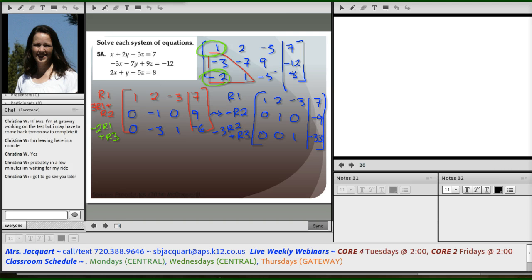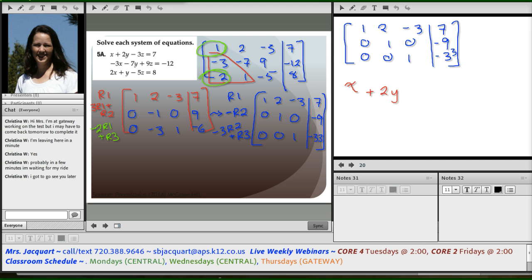Okay, so then let's go to the whiteboard and identify what this means. 1, 2, -3, 7; 0, 1, 0, -9; 0, 0, 1, -33. Okay, so this means that I have x plus 2y minus 3z equals 7, and that was that row.